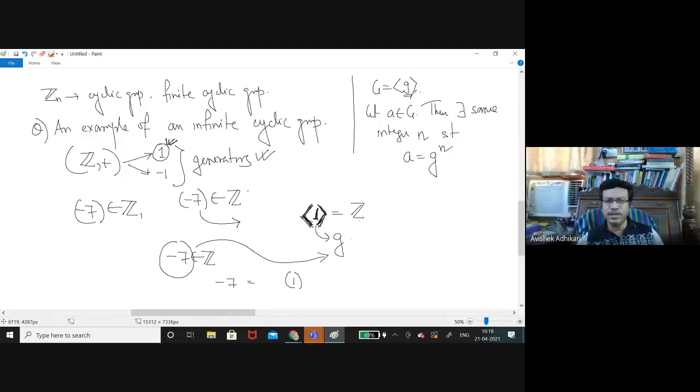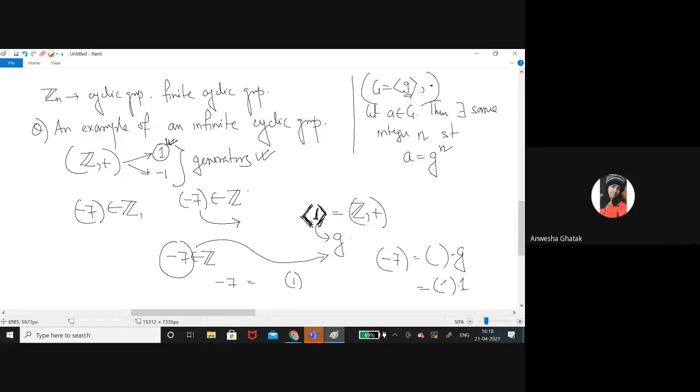Because G is my generator, where n is an integer. Now I consider this to be a multiplicative group, but here Z is an additive group. Now tell me, how can I write minus 7 in terms of G into something, and this G is my 1? So what should I put here? Minus 7.